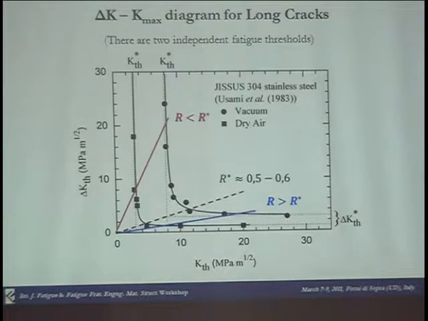If we are using an R ratio below that critical value, the threshold controlling the fatigue process is based on another different parameter that we call here static threshold, and we represent here as K threshold star. And the important thing here is that both thresholds are independent and are material constants, and they are different.